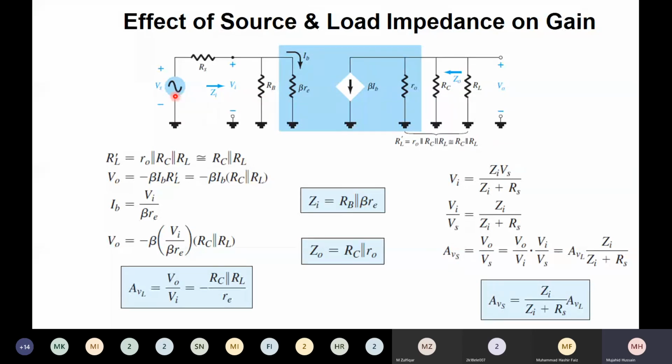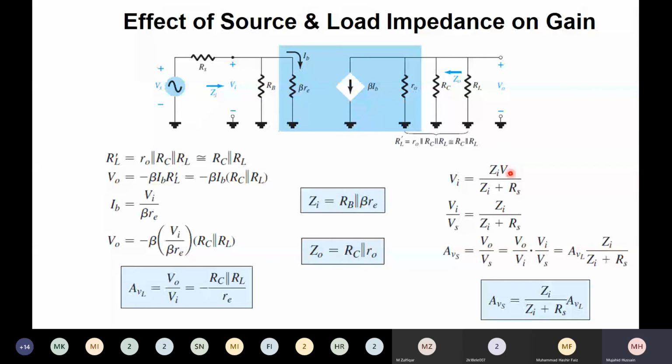So the voltage across this resistance Rb, which is Vin, will be equal to the input impedance Zin divided by the sum of the resistances Rs and Zin, multiplied by the source voltage. So this is the formula which we have obtained from the voltage division rule: the input resistance divided by the sum of input resistance plus Rs, multiplied by the source voltage.